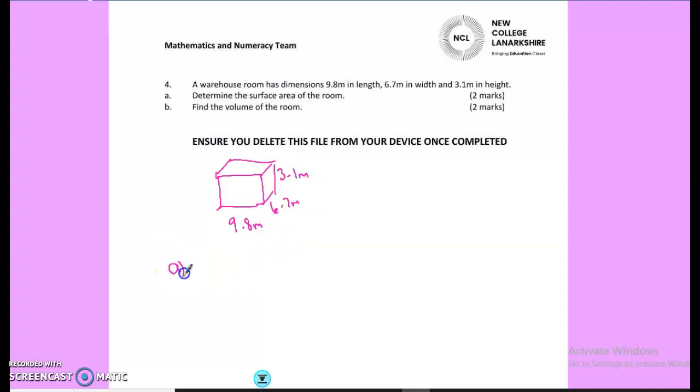So the surface area would be 2 lots of, and we're just looking for each individual one multiplied together. We're looking for the 3 different rectangles each time. So do 9.8 times 3.1 plus, stick with my 9.8, it also needs to be times by 6.7 plus, and then the one that I've got missing is my 6.7 times my 3.1.